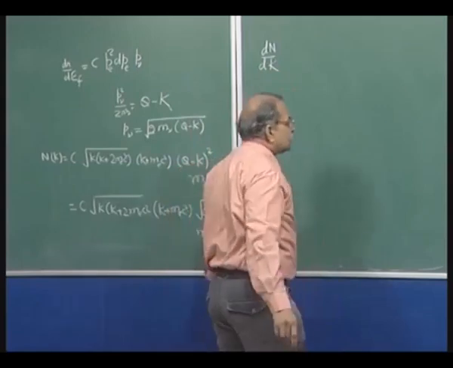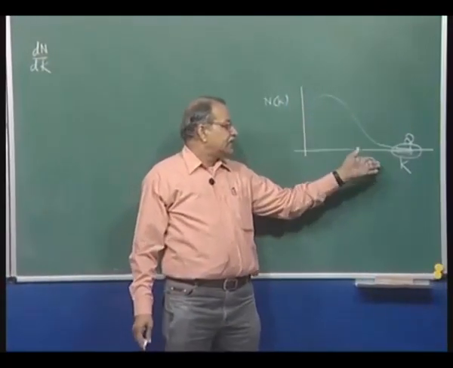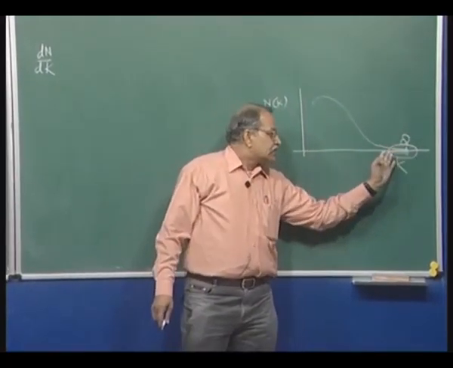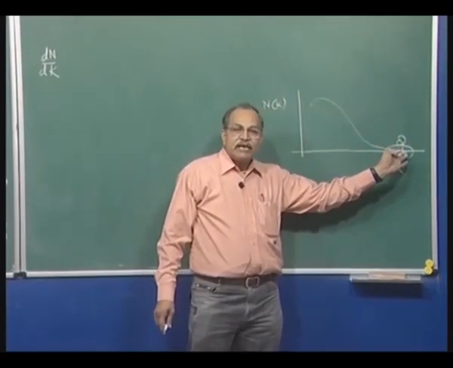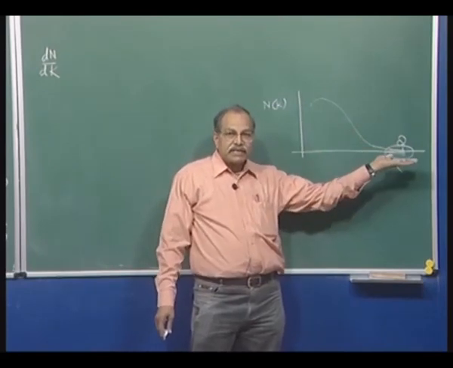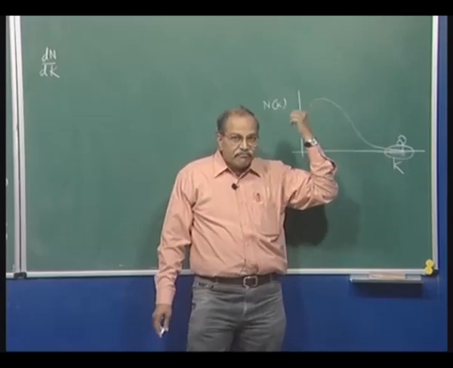What does this give on this graph? dN by dK gives the slope. So, in this end region, how is the slope behaving, how is this curve reaching the horizontal axis? That slope will be given by dN by dK.